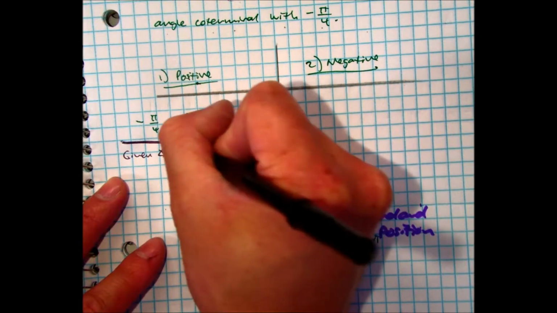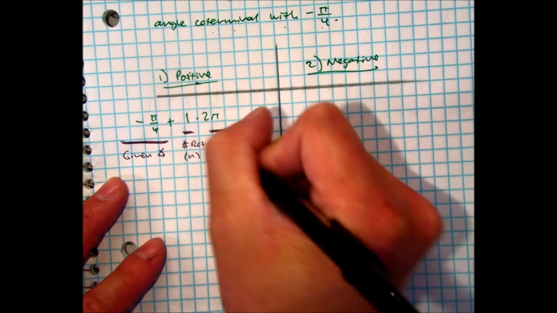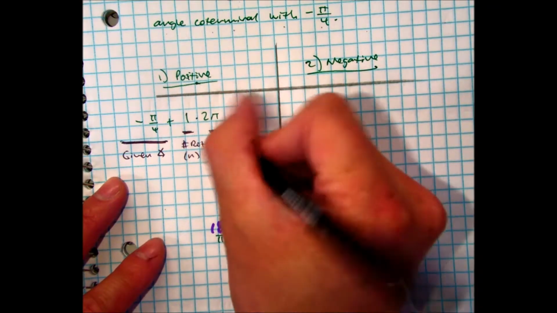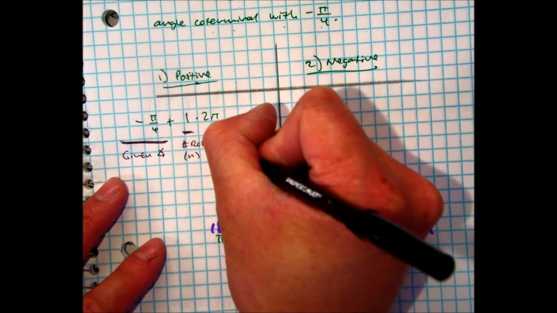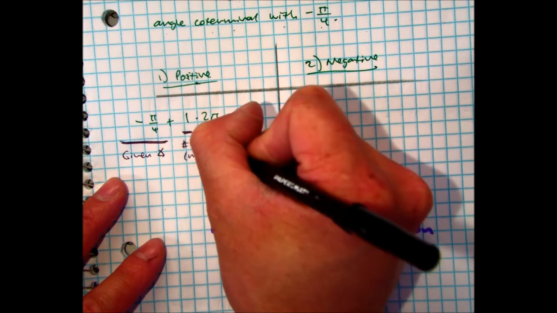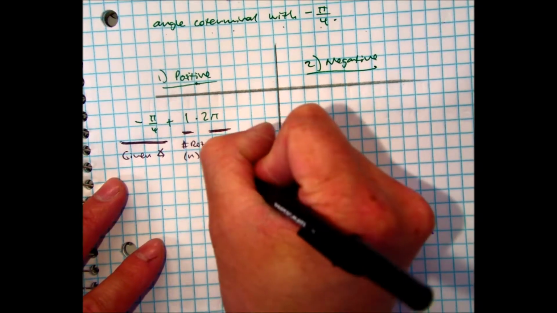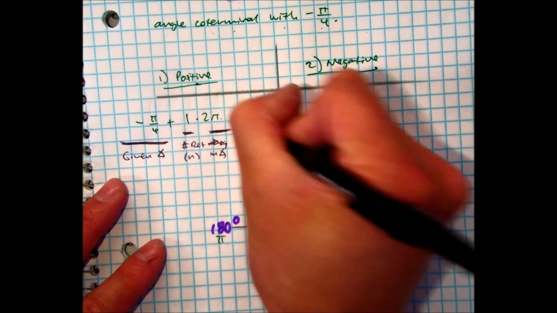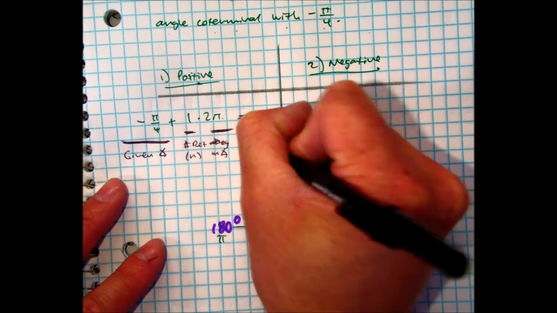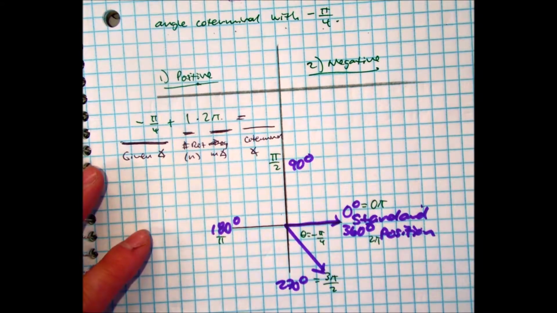This is the number of rotations, your n value. This is m, the measure of your angle, measured in radians. And over here, we're going to have our coterminal angle.